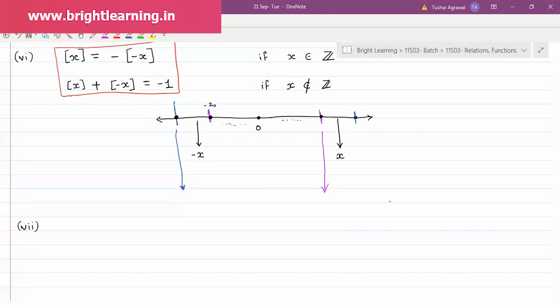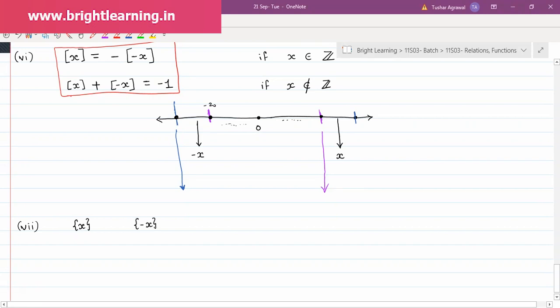Okay. So now, what about fractional part of x and fractional part of -x? If x belongs to integers, I think this should be clear that fractional part of x and fractional part of -x both will be equal to 0.